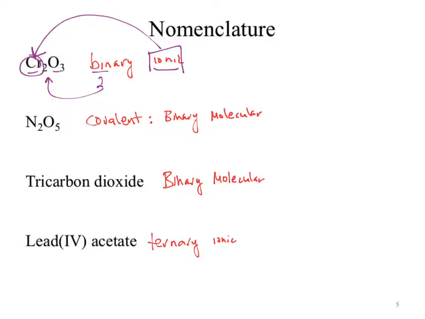The next one. Okay? I know it's binary because 2 elements. I know it's molecular because nitrogen and oxygen are both nonmetals. Tricarbon dioxide. Well, carbon and oxide. The carbon should be easy.